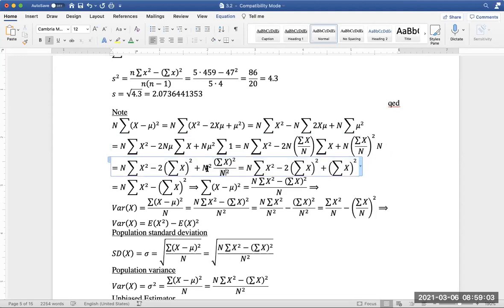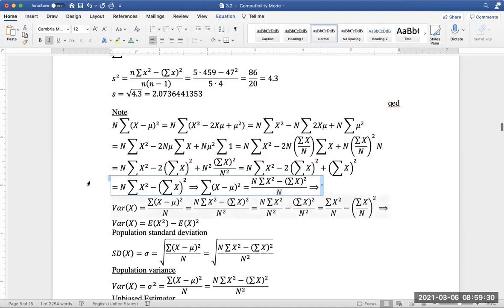The n squares cancel, so I just get the sum of x quantity squared. Minus 2 of the sum of x quantity squared gives me minus 1 of the sum of x quantity squared. Therefore, dividing both sides of my equation by n, I get that the sum of (x minus mu) squared is n times the sum of x squared minus the sum of x quantity squared, all over n.